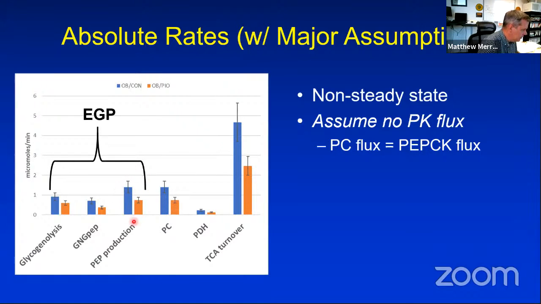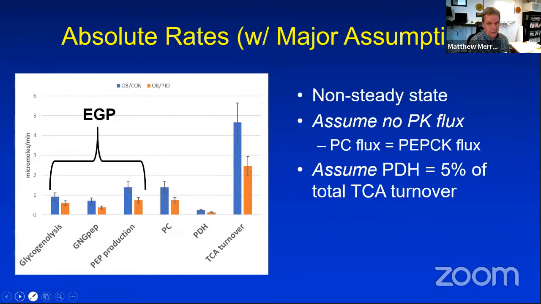Now, I should point out that PEP production is doubled versus glucose production because it takes two PEPs to make a single glucose. But if we make this assumption, we've got PC flux because of our relative rates of PC versus PDH. This is the PDH flux.